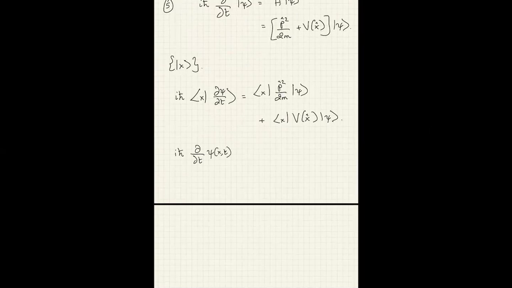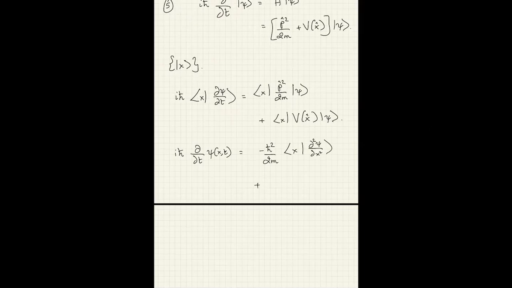And in the x representation, as we already know, p is minus iħ d/dx. So this is equal to minus ħ square over 2m, which I can pull out, times d square psi over dx square, plus, in the x representation, v of x simply multiplies with the corresponding function of x.